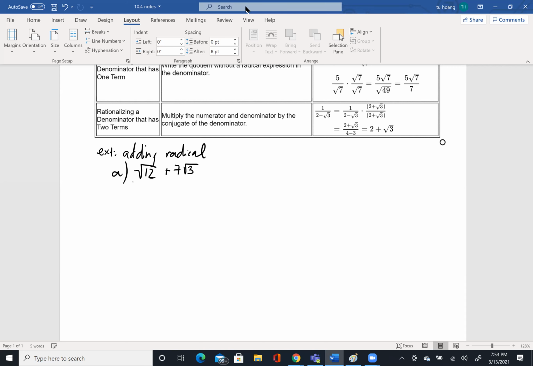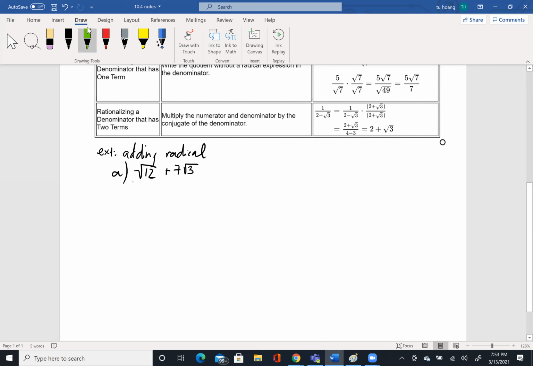So what's the big radical right now? Let me use another color over here. The big radical was square root of 12. So you need to rewrite this one. I know that 12 can be rewritten as 4 times 3.